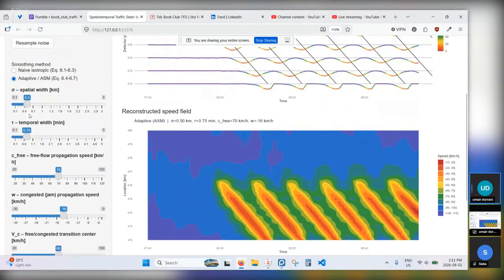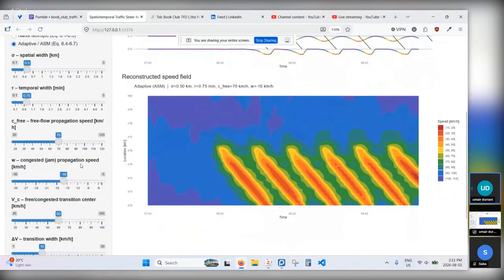So we can actually look at the result if we change something. So if we change, for example, C free from 70 to 120, that does not make much difference. Remember, this is the propagation velocity that goes downstream in free conditions. What if we take this back and then change the propagation speed in congested conditions from minus 16 to a higher speed?